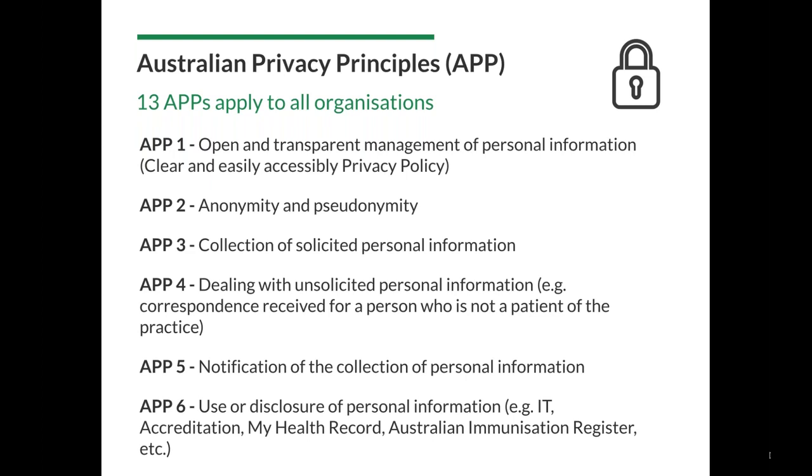Principle 4 is dealing with unsolicited personal information. This actually may affect us in general practice. An example of this is, what's the process that you have in your practice if you receive, for example, a piece of correspondence, a letter, or a test result for a person who's not actually a patient of your practice? Say the pathology company or somebody made a mistake and sent it to you.